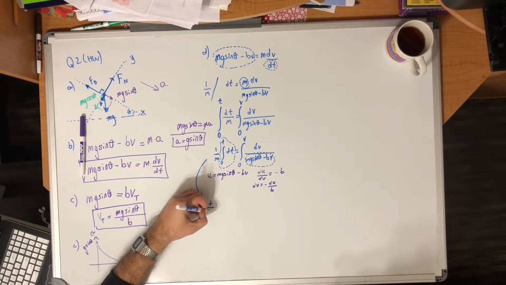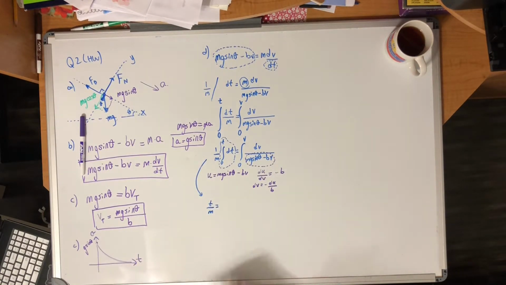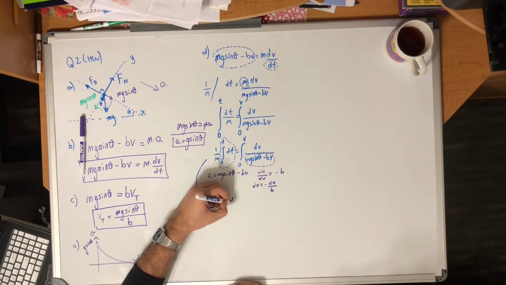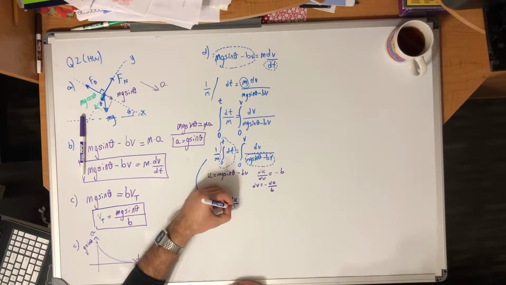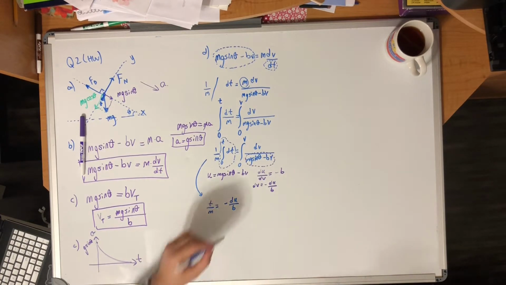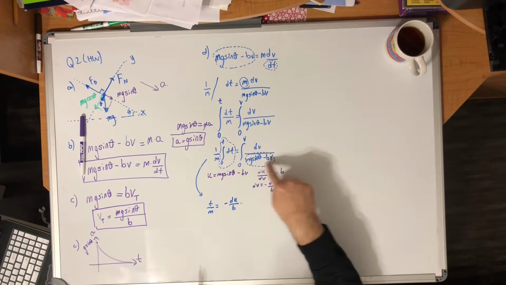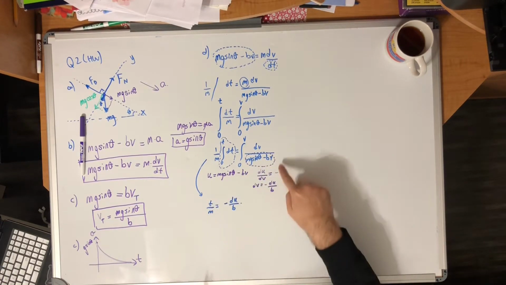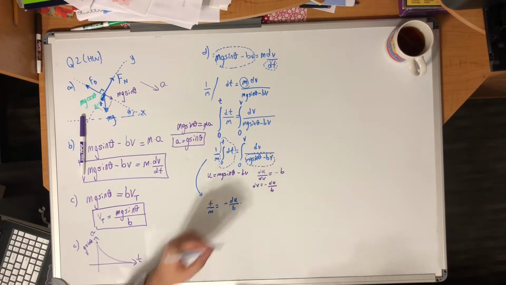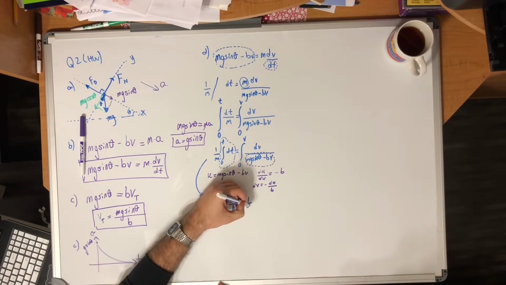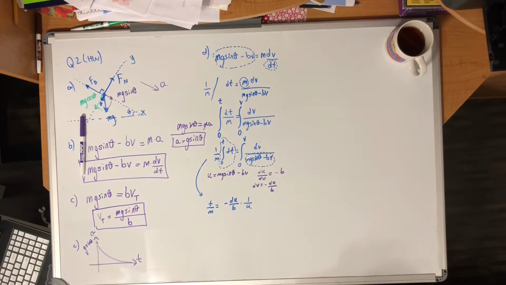So t over m is what we have on the left side. And now I have substituted dv with negative du over b, and I have substituted all of this function with u. Since it's in the denominator, it's going to be 1 over u.